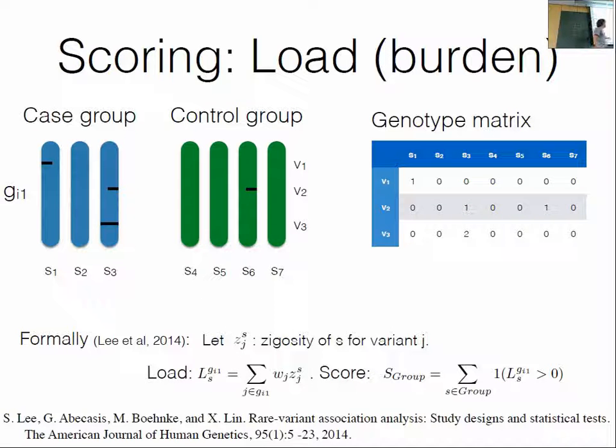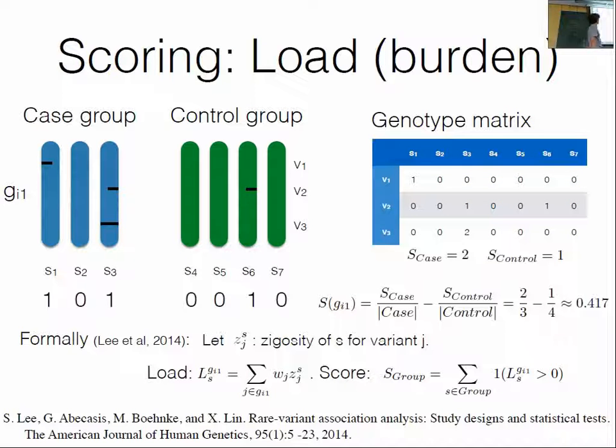So here, the load for a gene and a given sample will be a weighted combination of the zygosity, that's the 0, 1, or 2 over there. If I put a weight of 1 for everybody, I'm just taking the sum for each sample of all the zygosity of the variants in that gene. So a bit more concretely, that would be here.